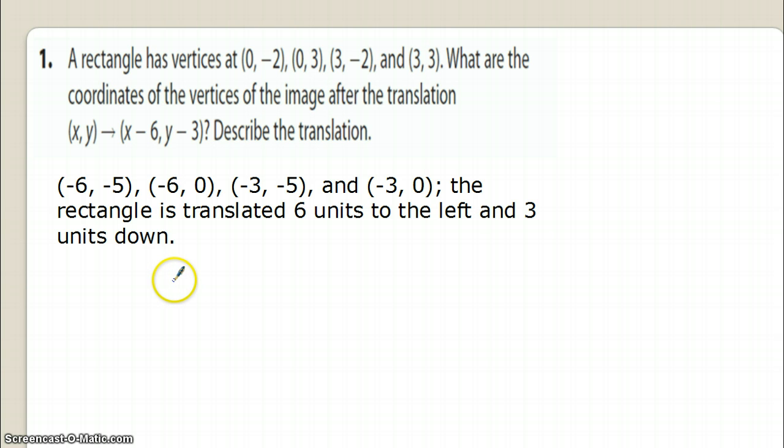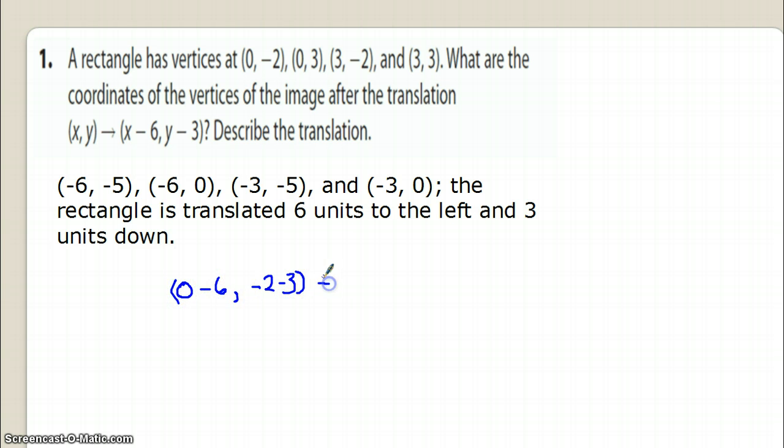It says subtract 6, so that'll be 0 minus 6, that's our x, comma, and what did it say to do for y? It says subtract 3. So we have -2 minus 3. That's the first one we look at.